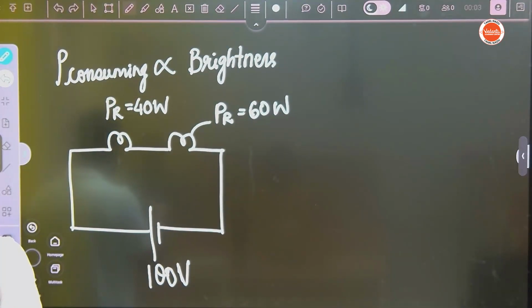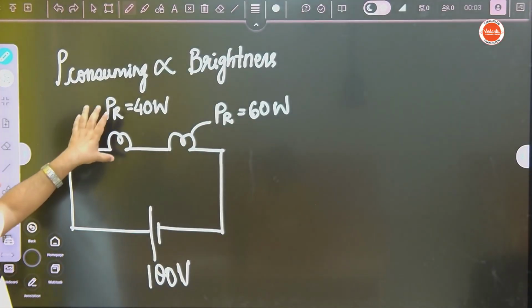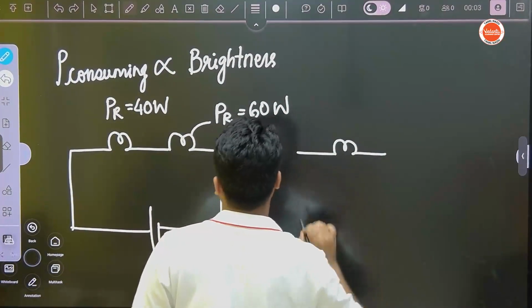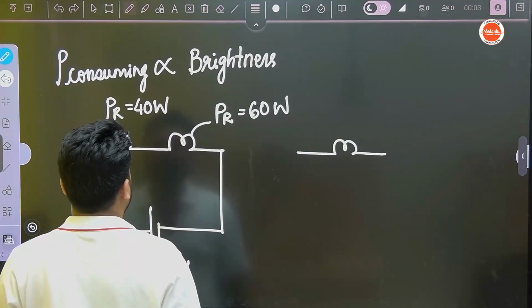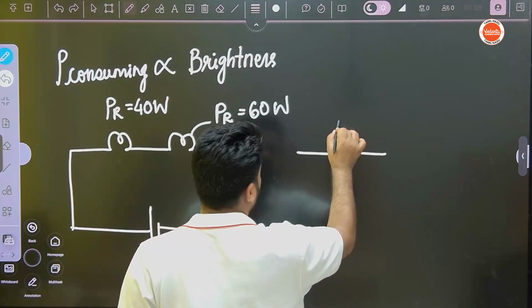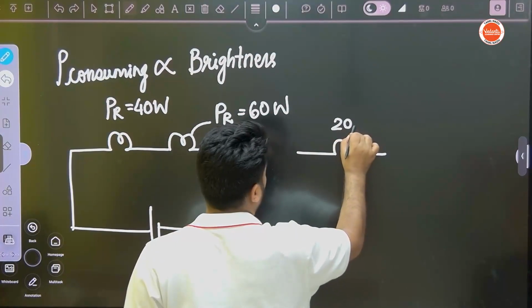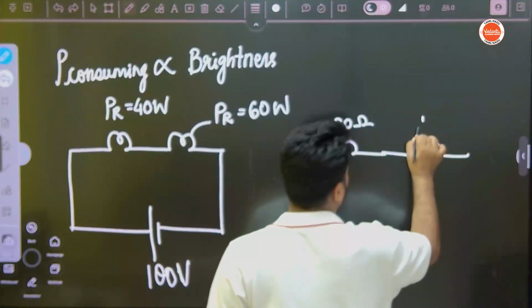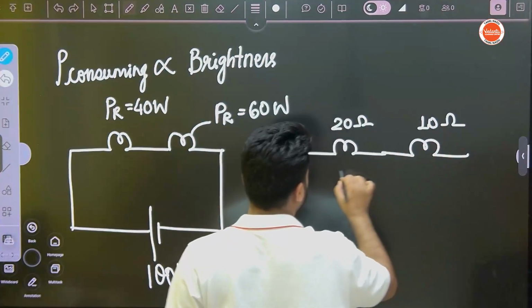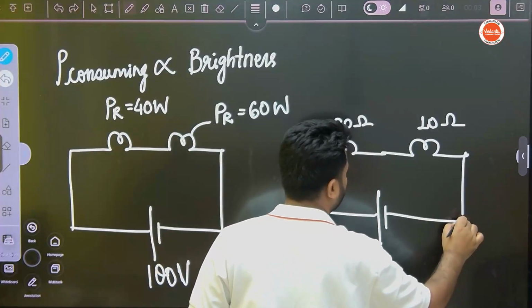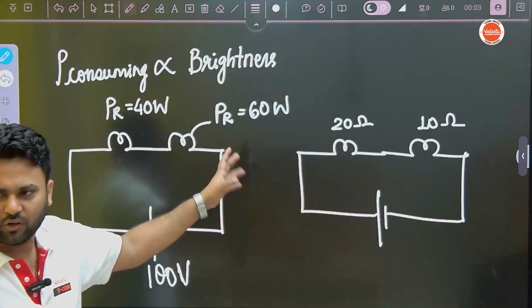First you find the resistance. Suppose you found that the resistance of this is, for example, 20 ohm, and suppose the resistance of this bulb is 10 ohm. You will calculate the resistance now. How do you calculate the resistance?